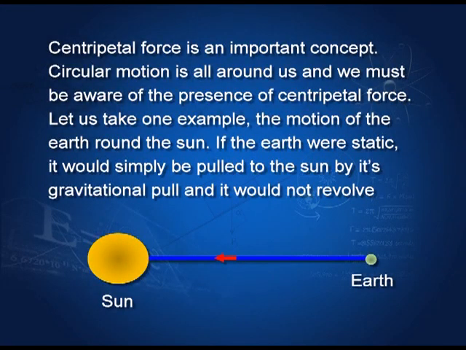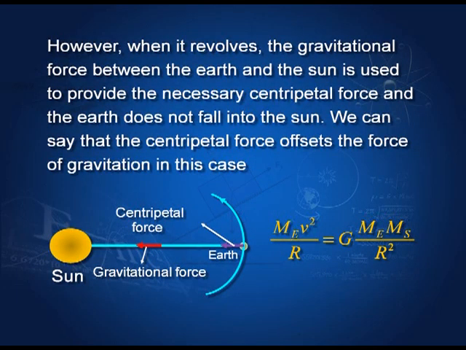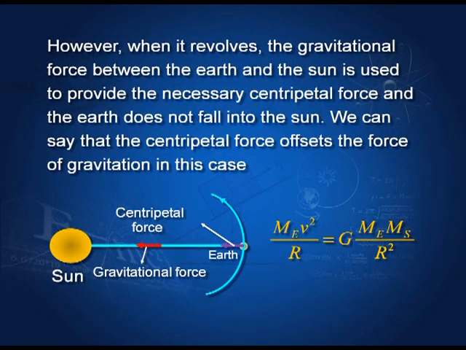Why is centripetal force so important? Let us take one simple example. If the earth were stationary, what would happen? The sun would attract it and the earth would fall into the sun. Sun has such a strong gravitational field. However, if the earth is moving in a circular orbit, then it requires centripetal force, and this centripetal force is provided by the gravitational force between the sun and the earth.